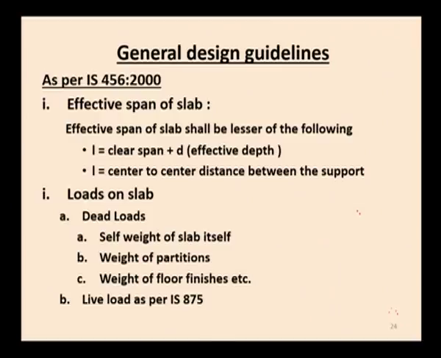Next requirement is loads on the slab. What are the loads acting on the slab? One is live load, another one is dead load. What are the dead loads on the slab? First one is the self weight of the slab itself. Next, above the slab, we are going to provide floor finishing.